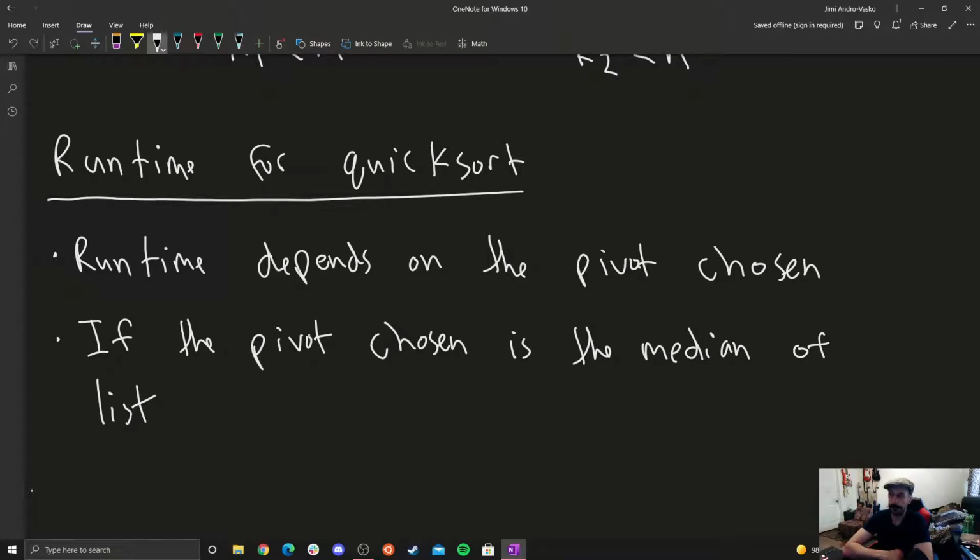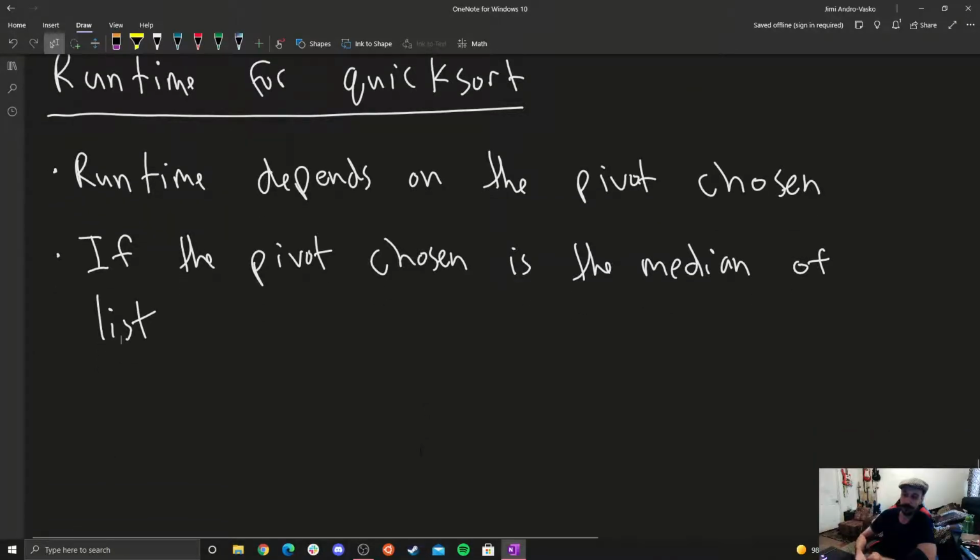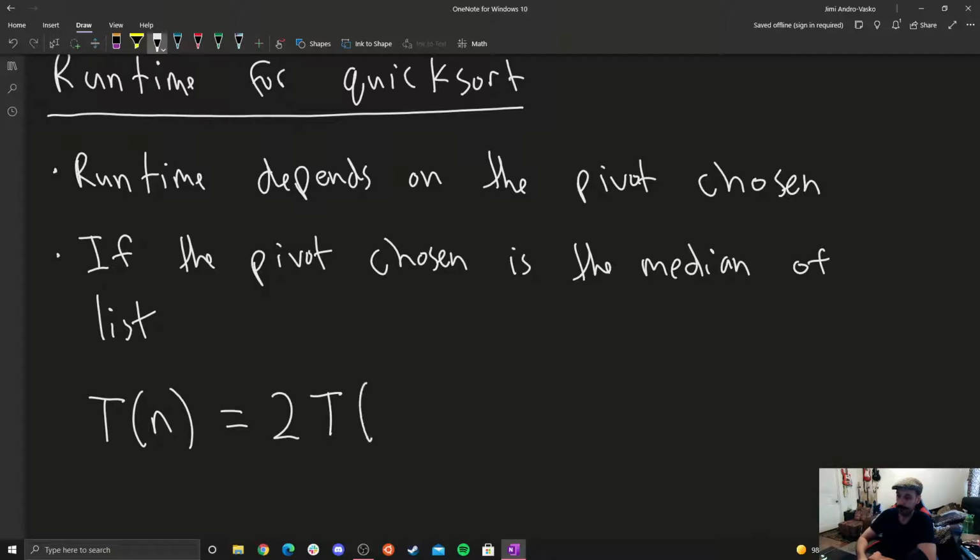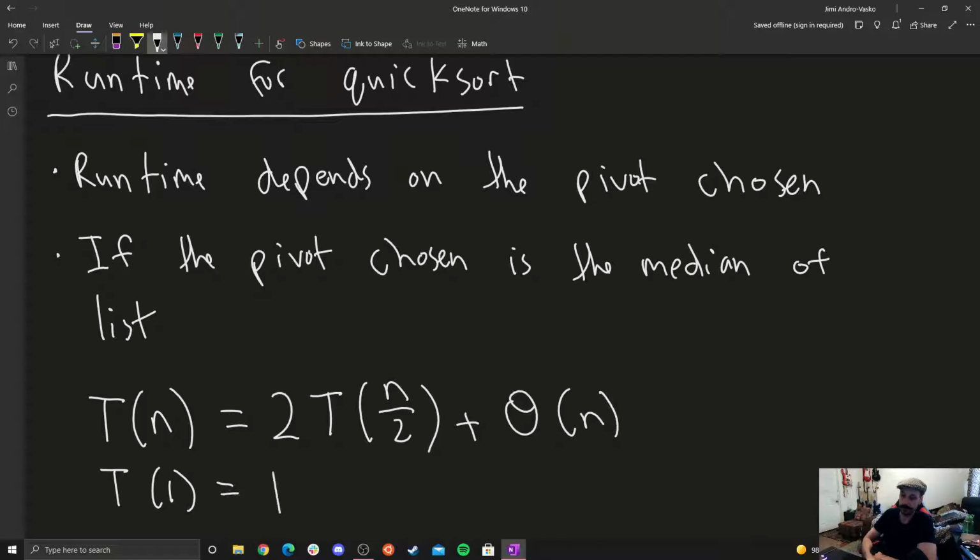The runtime we achieve in this situation is given by the following recurrence relation. T of n, the time for quicksort, will be 2 T of n over 2 plus theta n. Of course, I'll be consistent here and say T of 1 equals 1.